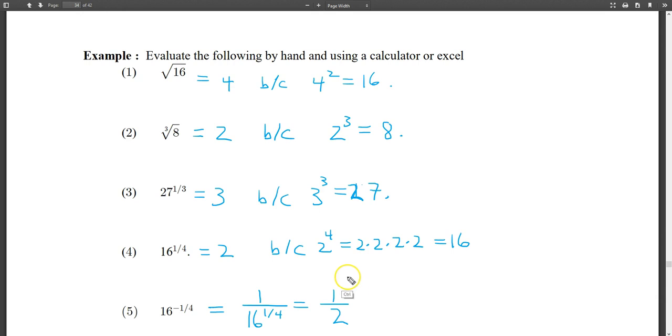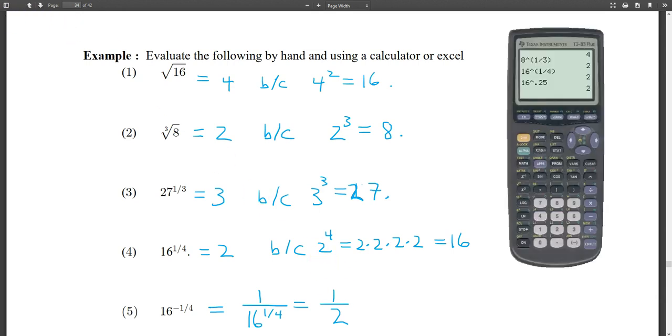And you could evaluate that on the calculator as well. 16 raised to the negative 1 divided by 4. You have to type it in like that. You could do the same thing with Excel, and you get 1/2, 0.5.